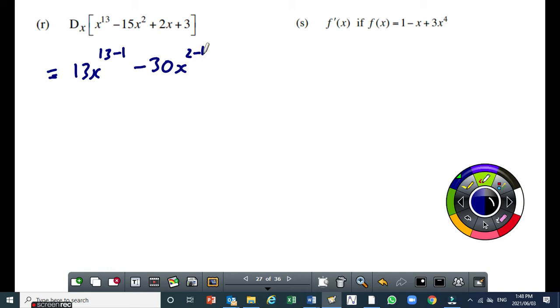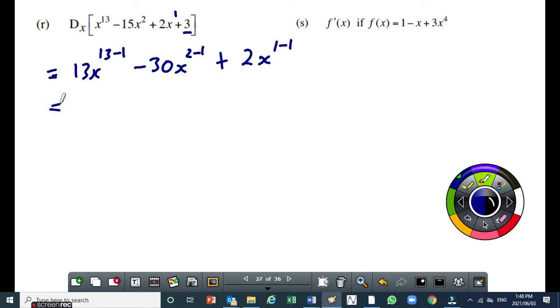The third term will be plus, the exponent of that x is a 1, so it will be 1 times 2, that will give you 2x to the power of 1 minus 1. The derivative of a constant is a 0.